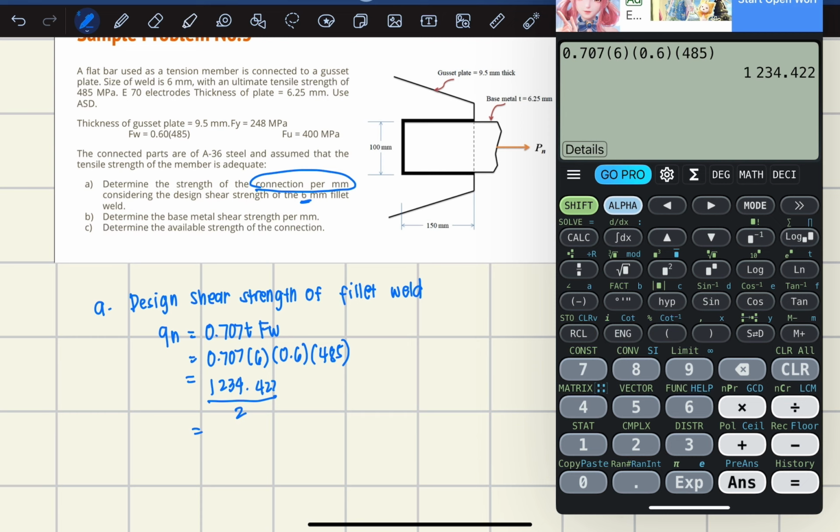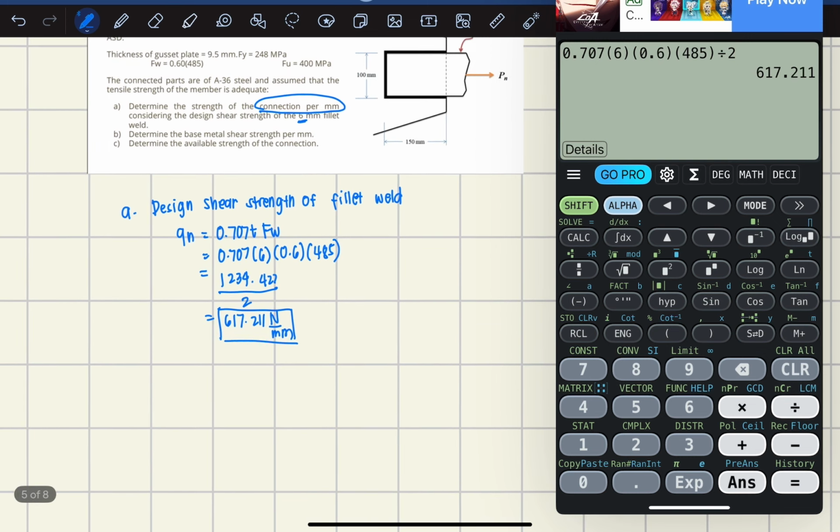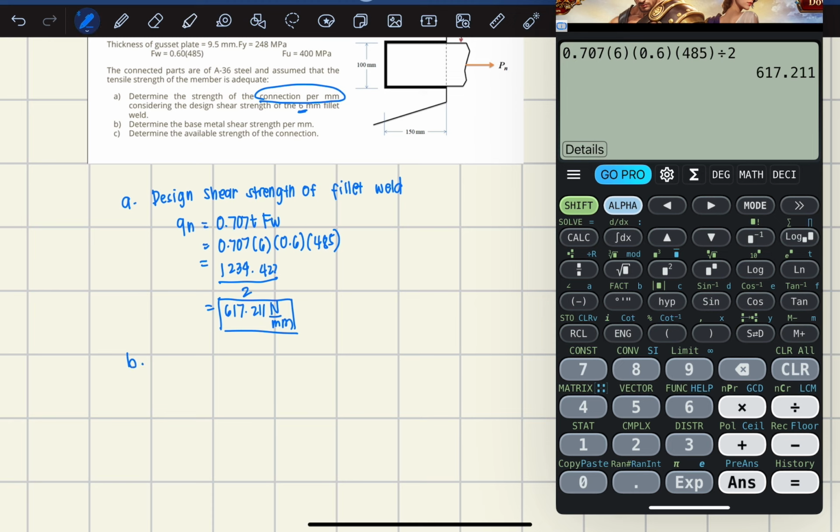So, equals to divide to 617.211 Newton per mm. So, ito na yung answer. Then, for letter B, determine the base metal shear strength per mm.